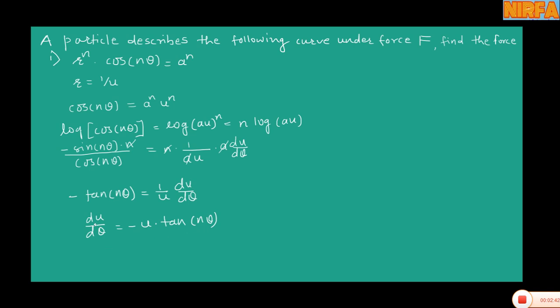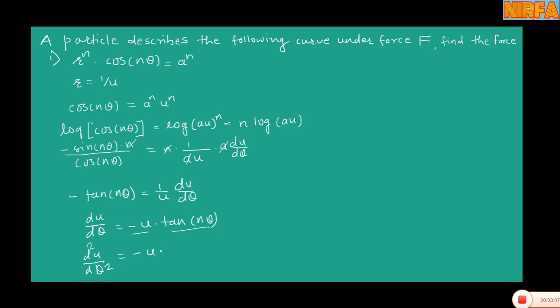Now we will find one more derivative with respect to theta. So differentiate with respect to theta, we'll get d2u by d theta square is equal to, this is the first function, this is the second function. We can use the product rule of derivatives.